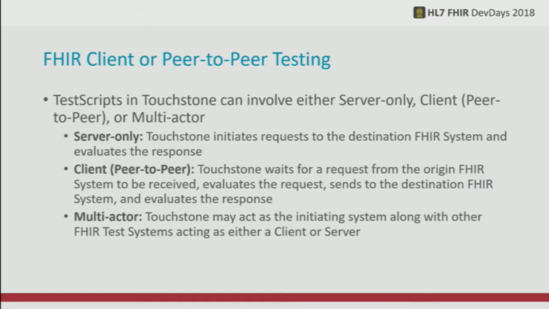So if you execute a test script where you have an external client defined, then Touchstone simply waits and listens for inbound traffic of that request coming from that client. And then it redirects it through the proxy to the destination server and then captures the response on the way out. So this way we can actually test both request and response, client and server, in one test script.